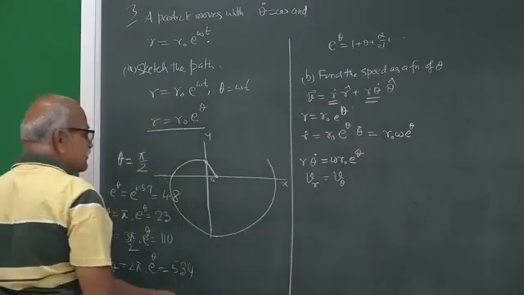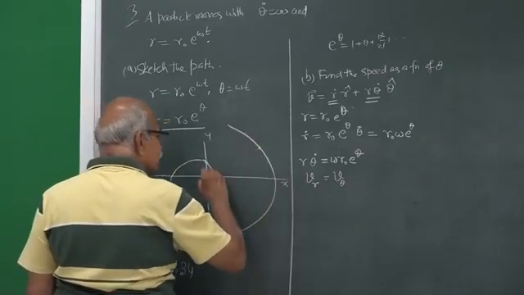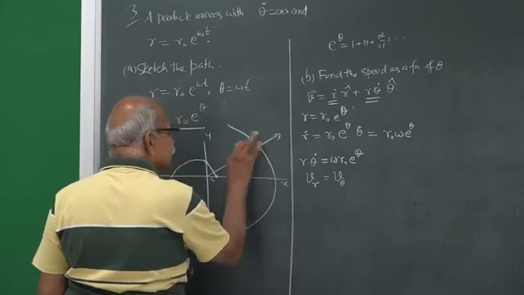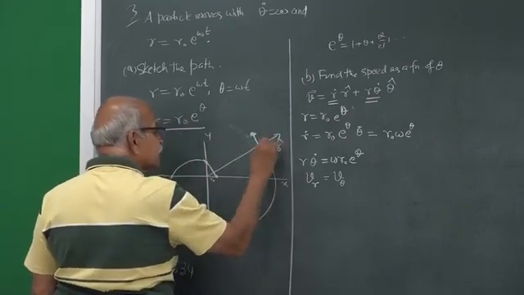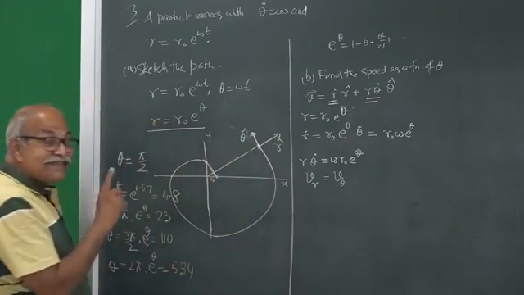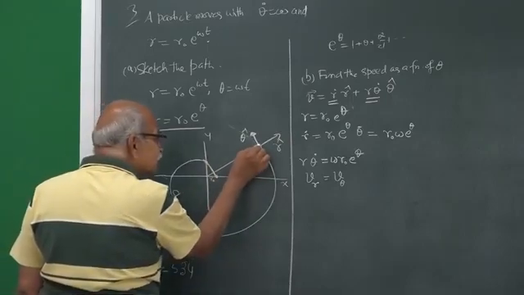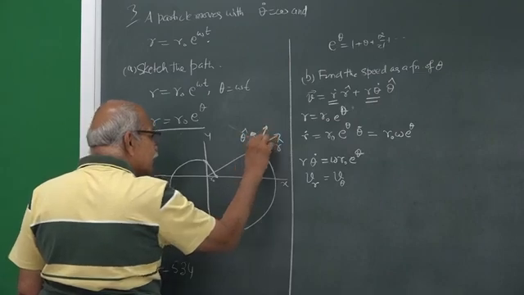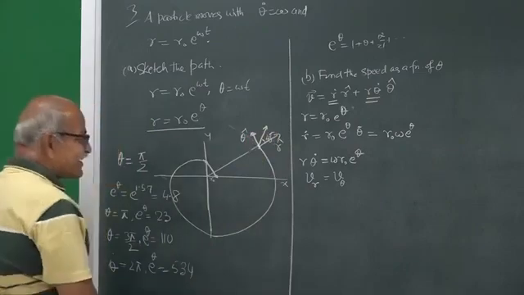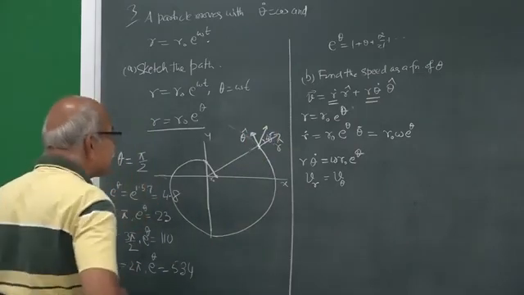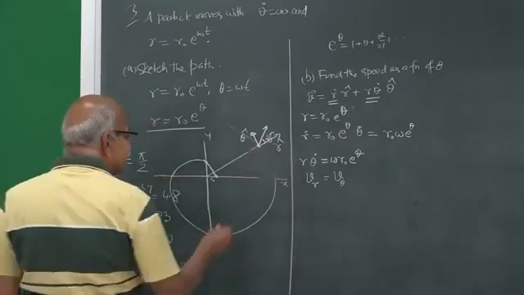So, if I am somewhere here on this path, and if this is the r cap direction and the perpendicular to it is theta cap direction, this is r cap, this is theta cap. Now, velocity has equal components in the two directions, and therefore, the velocity should be in this direction, 45 degree to it. Our diagram is bad. The velocity should be 45 degree to the radial direction and 45 degree to the tangential direction.